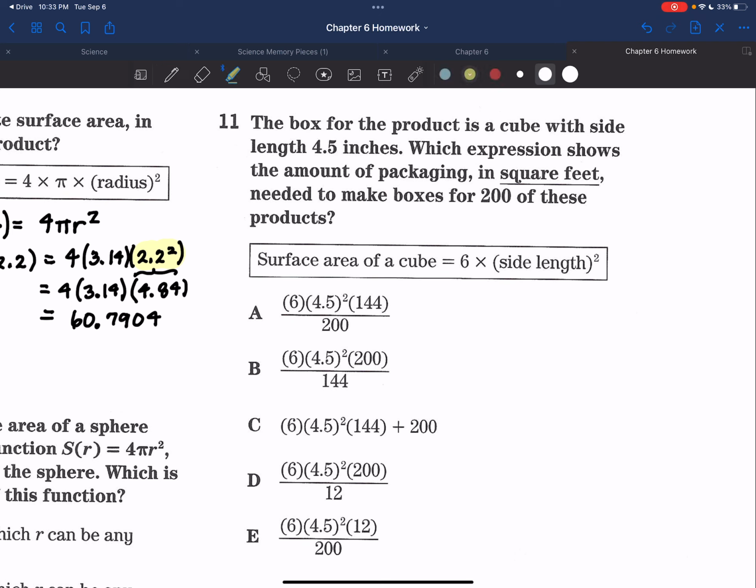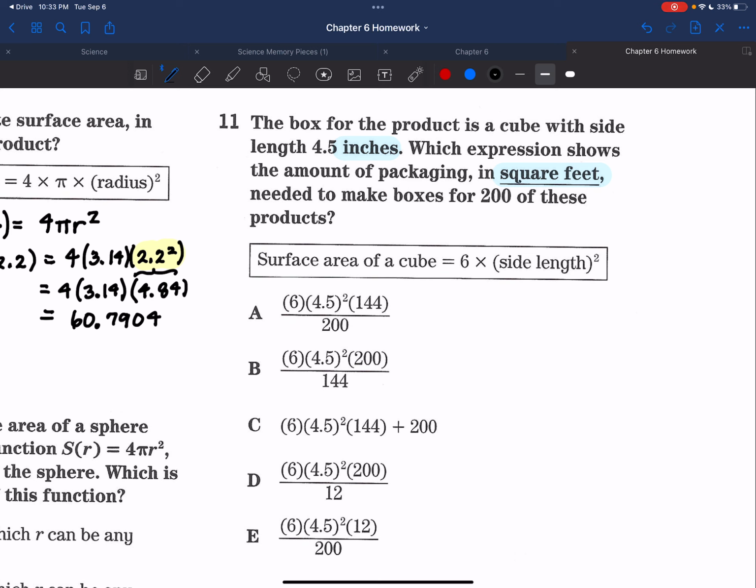So here's the thing that sets off the alarm bells in my head. That's in inches, and this is asking for square feet. So we need to come up with the expression to solve this problem.